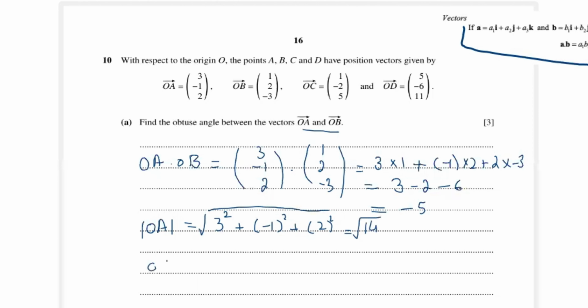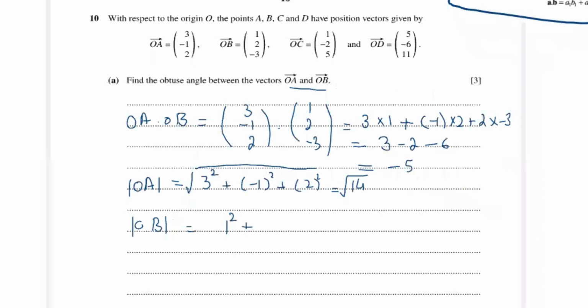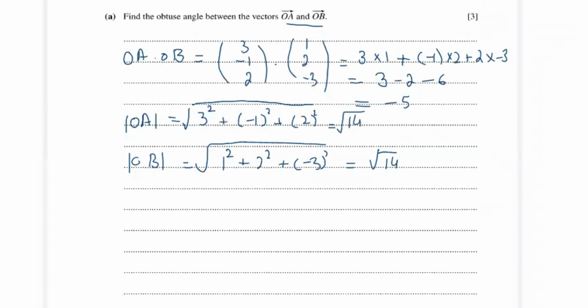Now next you have to find the OB magnitude. That value will be equal to the square root of 1 square plus 2 square plus minus 3 square. Now you can calculate, that's also equal to square root of 14. Now for the angle between OA and OB, we can write OA dot OB equal to OA magnitude into OB magnitude into cos theta.